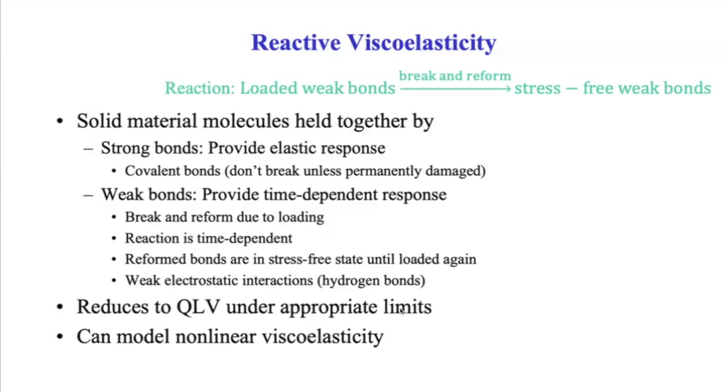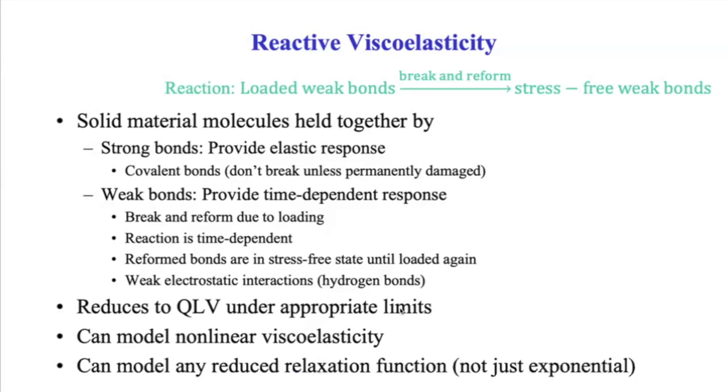So I want you to know that whereas we've had this reactive viscoelasticity framework in FEBio for a while, last year we published a paper where we showed that we can run it numerically much more efficiently than in the past. It's not easy to run these numerically, but that's what we did. We made it more efficient.